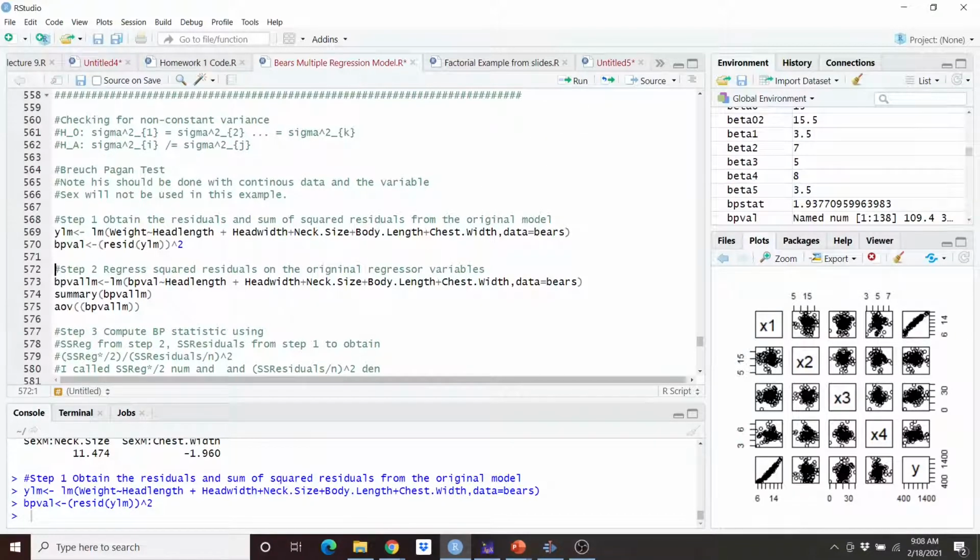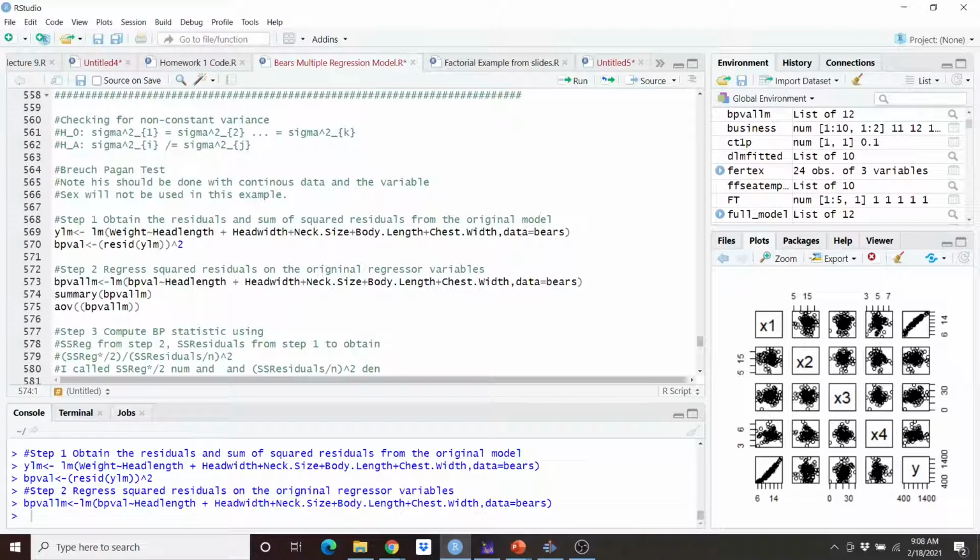In our second step, we want to regress these squared residuals against our original regressor variables. And so I've called this BP val LM. And I'm regressing my BP val, my squared residuals, against my original regressor variables.